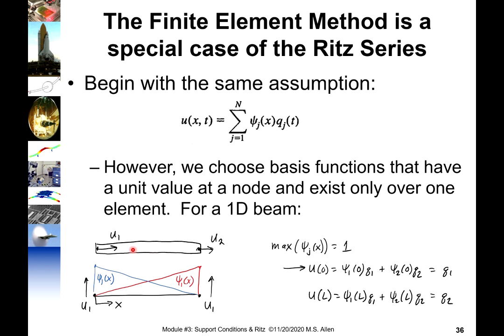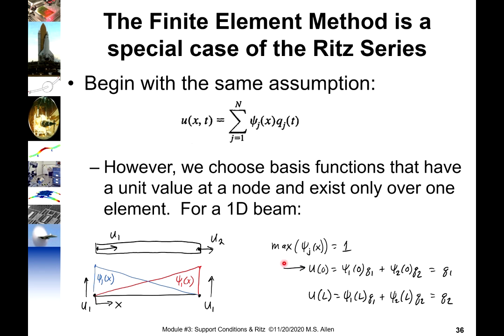So look at this example for a 1D beam. If we're talking about axial deformation of a beam, we have 1 degree of freedom on each node, and we'll plot things as if the motion was vertical just to make it easier. So we would use two basis functions for this finite element model. Psi1, which would have a unit value at node 1 and go to 0 at node 2, and then psi2, which has a unit value at node 2 and is 0 at node 1.